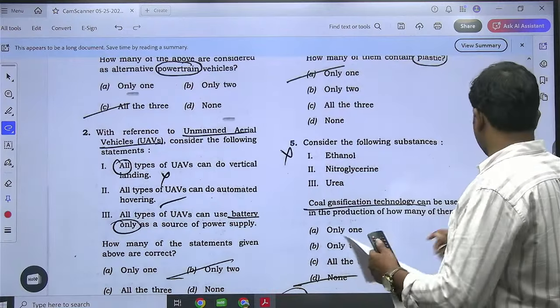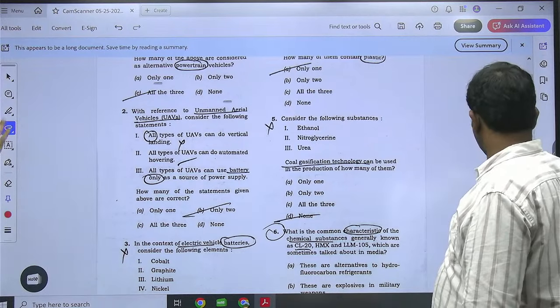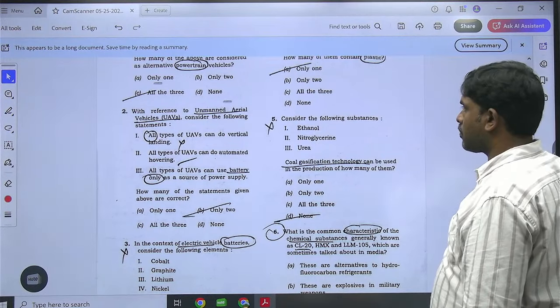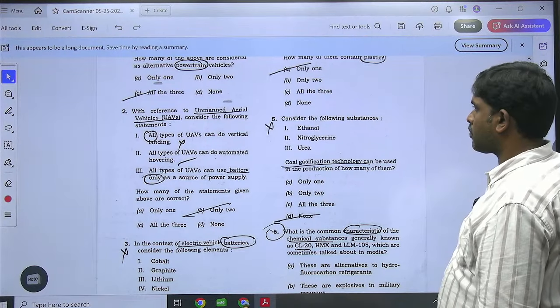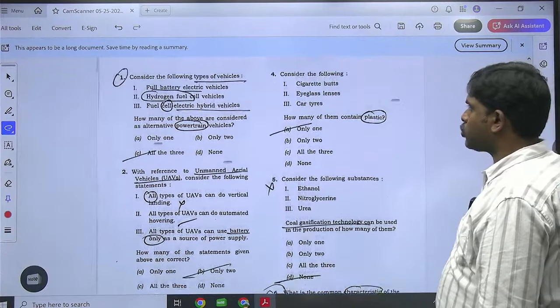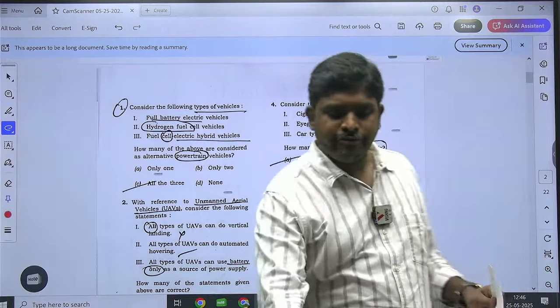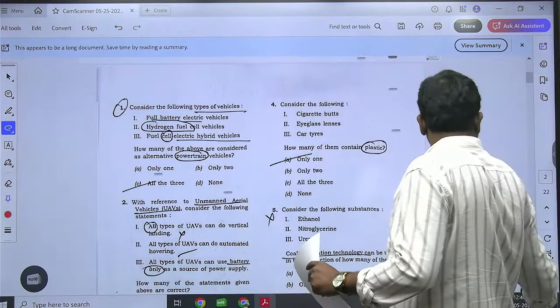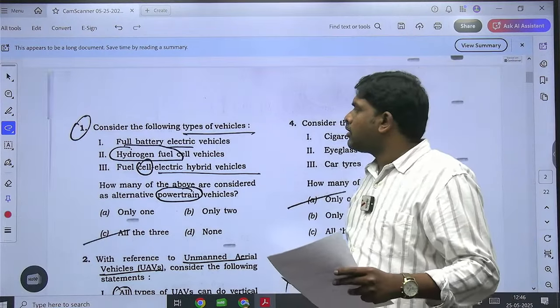So 1 to... First question: consider the following types of vehicles.